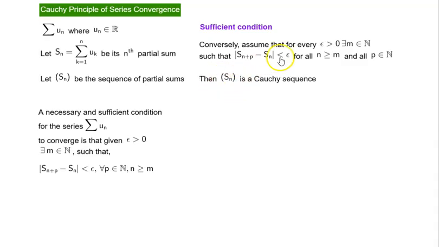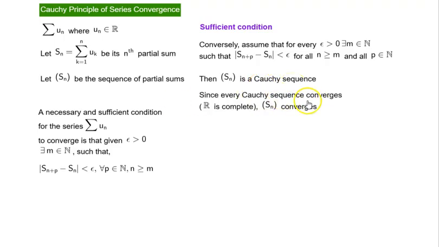Then that means the sequence of partial sums S sub n is a Cauchy sequence. And since every Cauchy sequence converges, the sequence of partial sums converges, and hence the series u sub n converges.